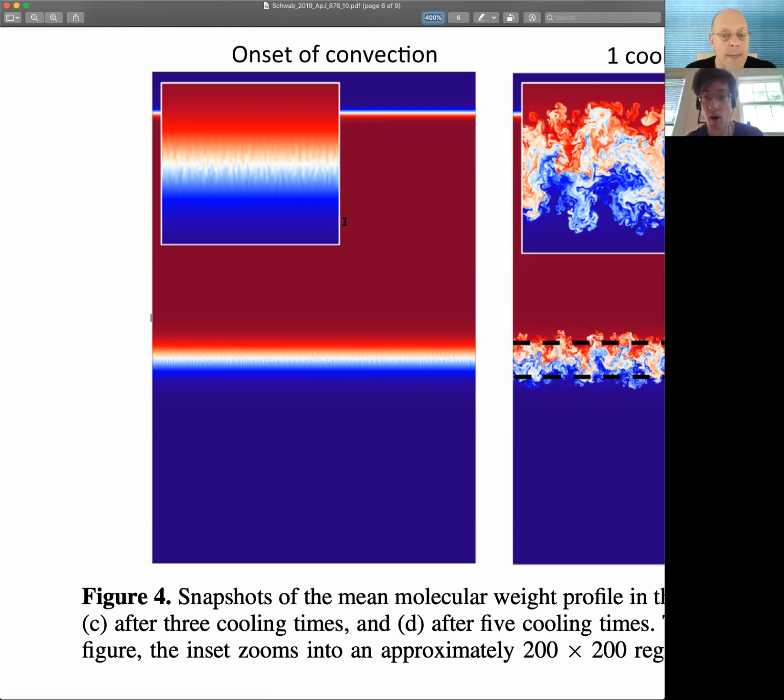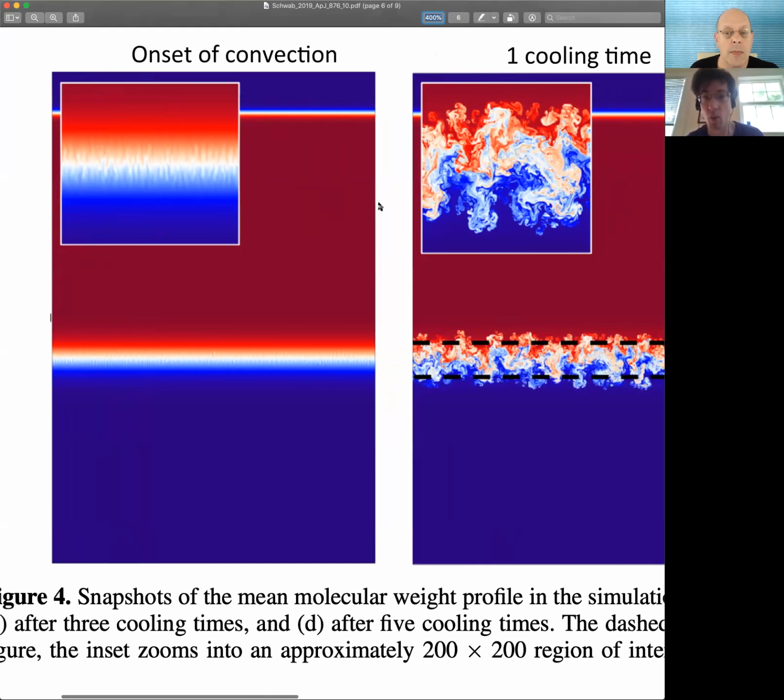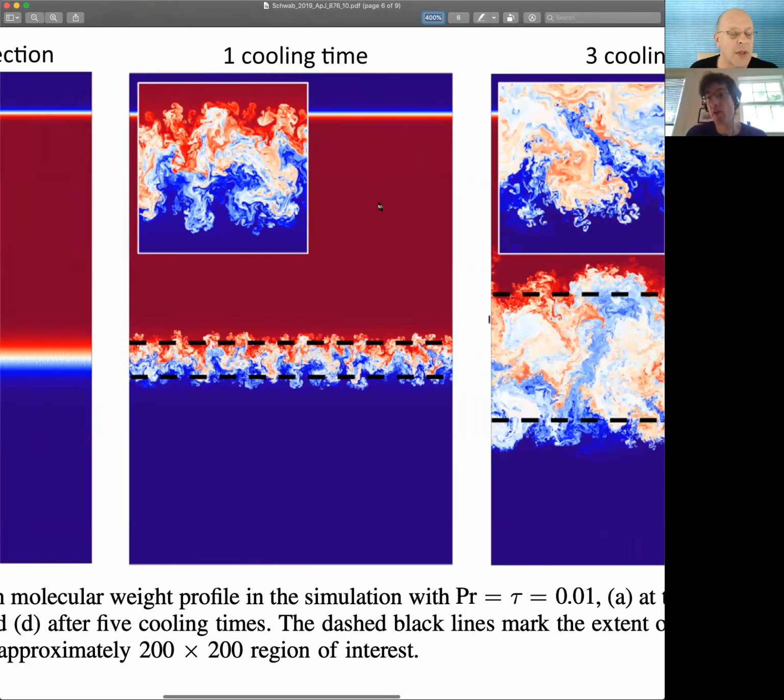And so now if we go to the next panel over, like one cooling time, now we've really gotten into the phase where the region between the black lines is expected to be convective. And you now see that it does have these large eddies turning over. And you can see that there's a little bit of mixing beyond that, beyond the black lines.